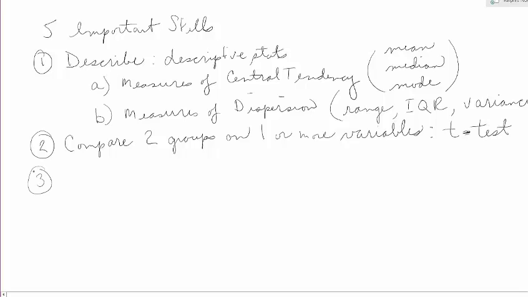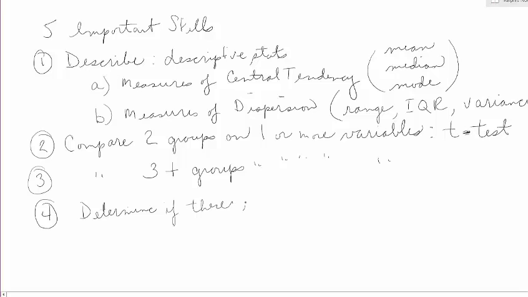3, the third area would be to be able to compare 3 or more groups. Again, on 1 or more variables. 4 would be to determine if there is a relationship among variables.